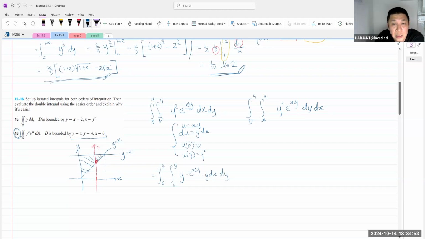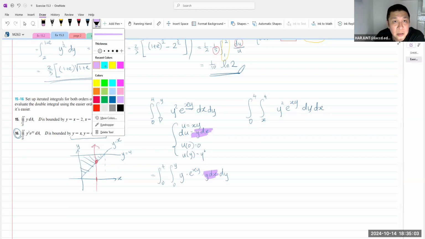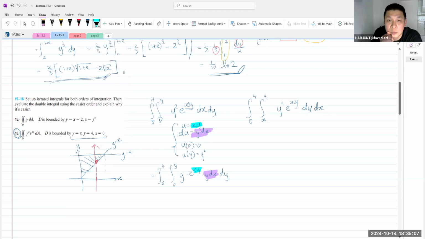I hope now you can see that this is my du, this is my u, and this is what happened to the limits of the integral. So we now have the integral from 0 to 4, integral from 0 to y squared, y e to the u du dy.